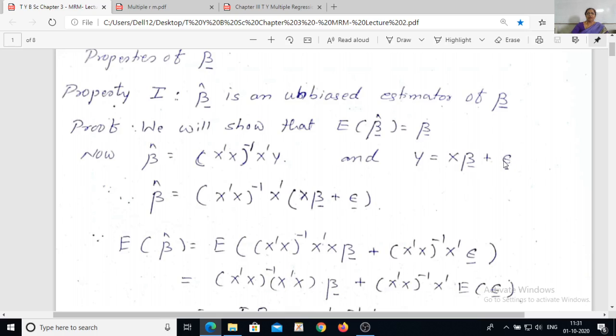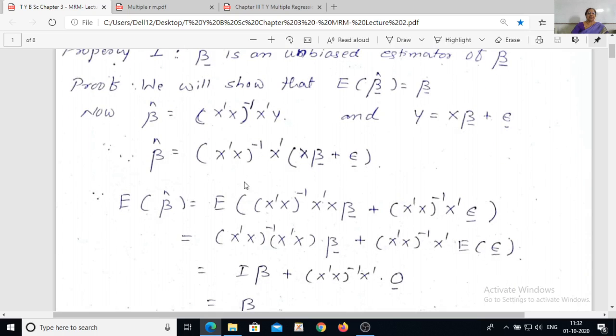This is my model. Now for this, I will write beta cap equal to (X prime X) inverse X prime, and instead of y it is X beta plus epsilon. Now let us separate these two terms: (X prime X) inverse X prime X beta plus (X prime X) inverse X prime epsilon.